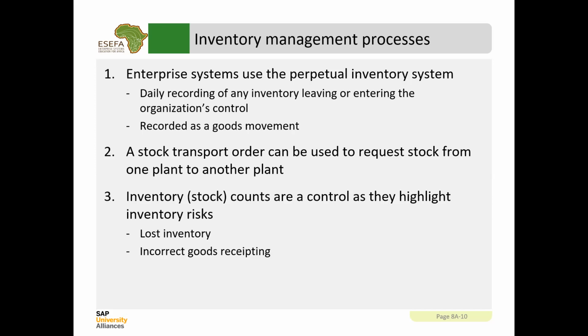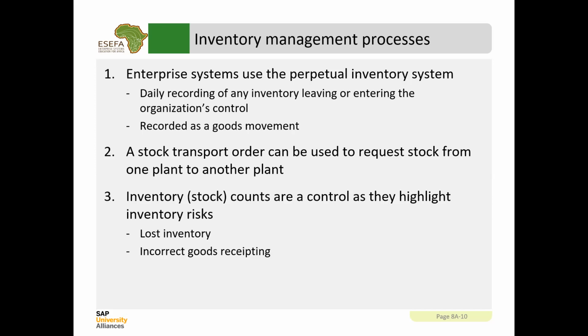So a stock transport order can be used to request stock from one plant to another plant, like the case of Lusaka and Mungwe. Lusaka needs a particular finished product from Mungwe. The customer has placed the order, or perhaps the number of finished bicycles in Lusaka has dropped beyond the acceptable minimum limit.